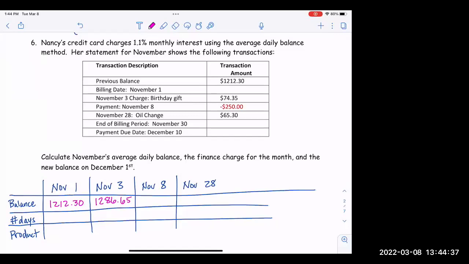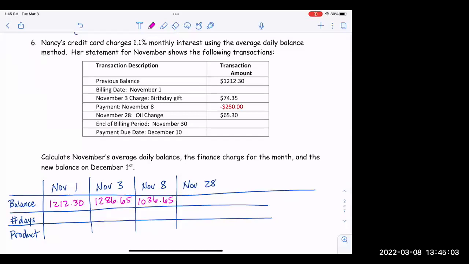So, payment on November 8th. To that number, we would subtract $250 for making a payment, which would cause my balance to go down. So on November 8th, my new balance is $1,036.65. And then the last thing is November 28th.